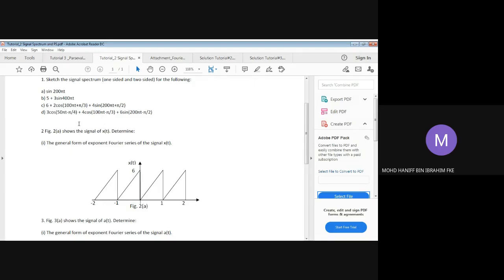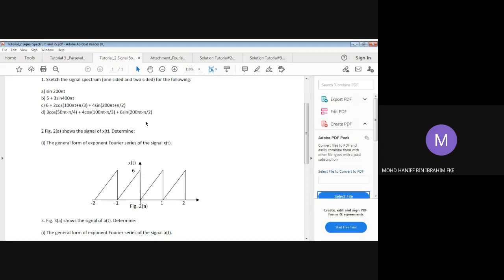I think there should be no problem with the first and the second terms because they are in cosine terms straight away. But for the third term, we have 200 pi, which is in sine terms. So what we have to do is change this sine term into a cosine term, in which we can use an identity.